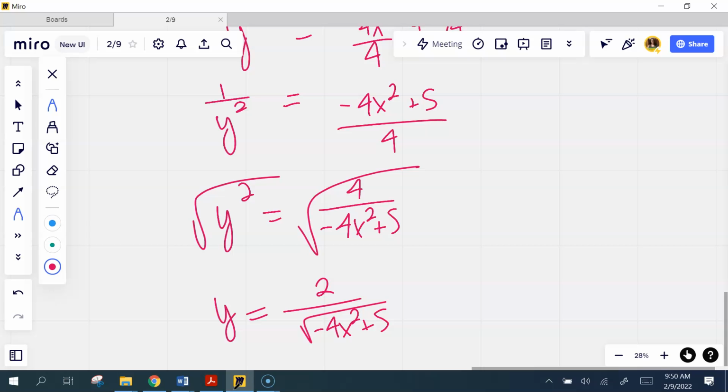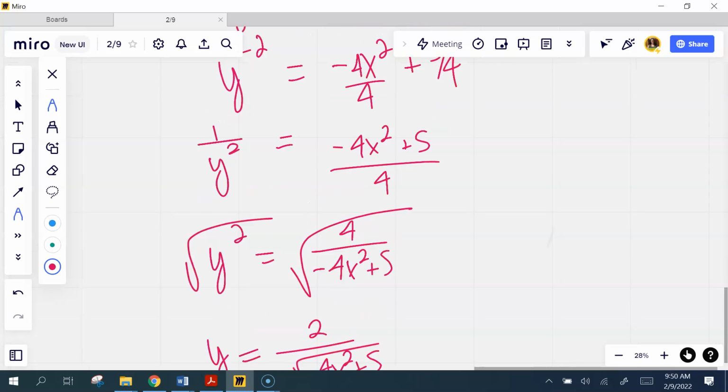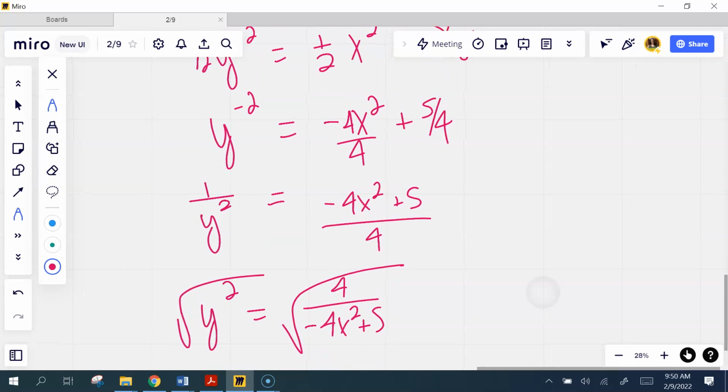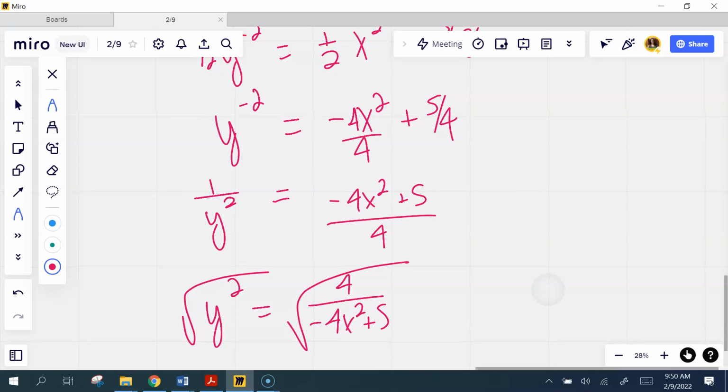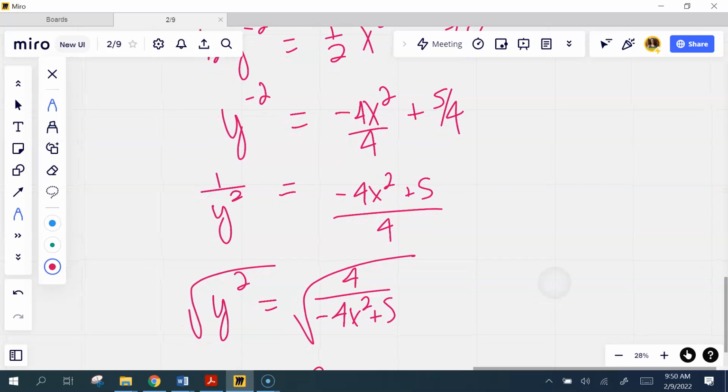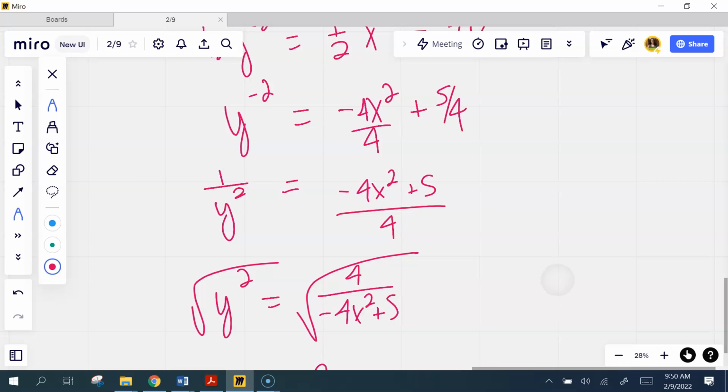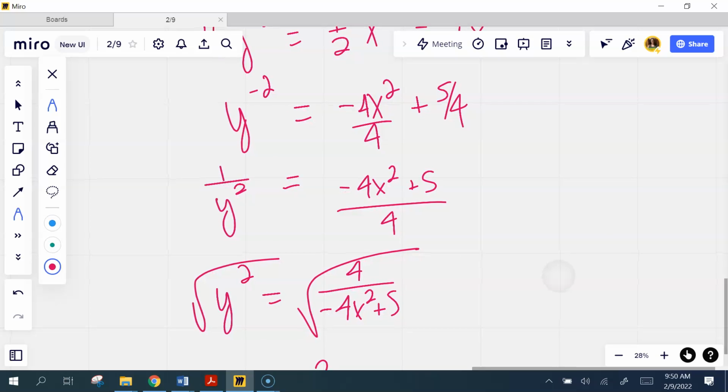But then you got 1 over y equals, and then you flipped it. Well, and that's the problem. So you could leave them split up like that, but you'd have to remember everything has to flip.